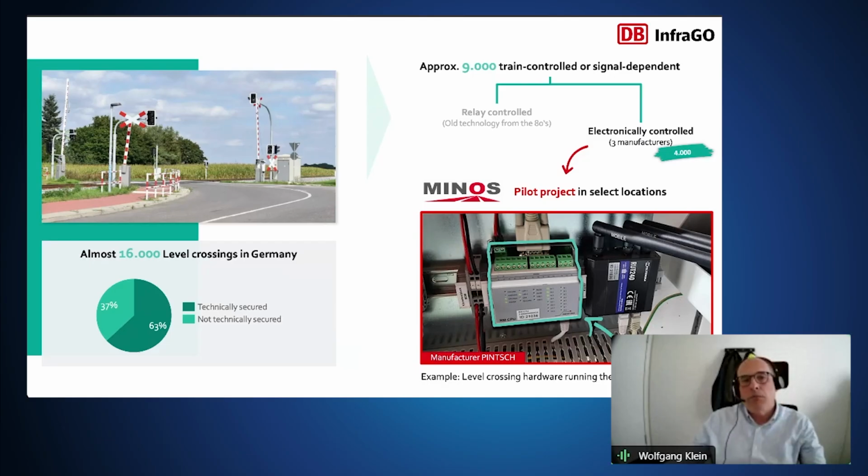So you have a server within this level crossing, and you have the possibility to get the data out of the systems. What you see here is that normally an electronically controlled level crossing system has an interface for a laptop, for the field technician, who can go to the site and detect problems within the system itself.